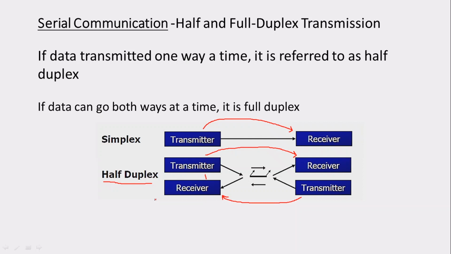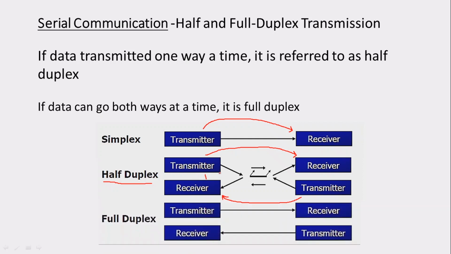Since I cannot receive at the same time, there is a disadvantage. You can call this a disadvantage, right? So in order to overcome this disadvantage, they came up with the full duplex format. Again, in full duplex format, at the receiver end we'll be having a transceiver, so it can transmit and receive, and at the other end also we'll be having a transceiver.